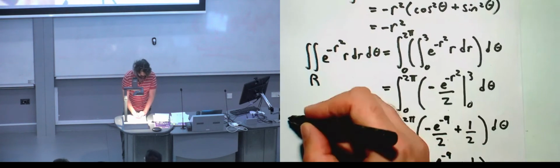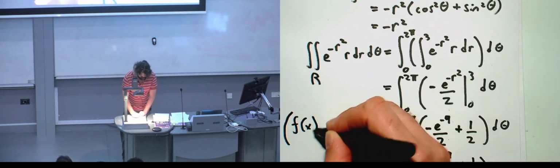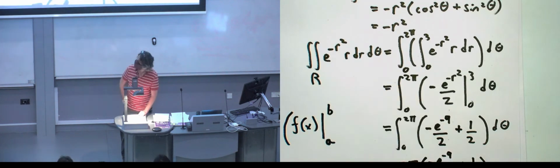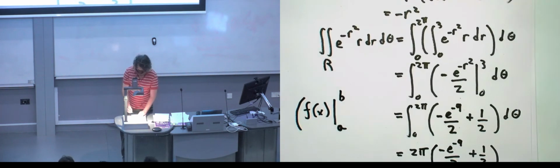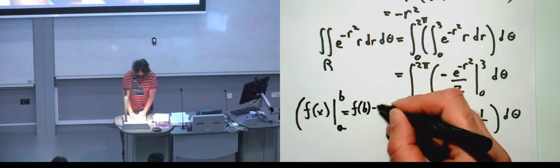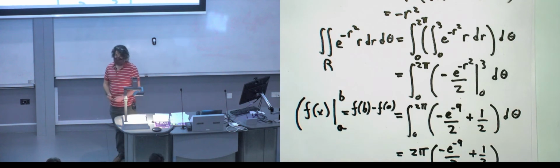I guess the general definition is this: we have a function, and we have A and B here. And it's just defined to be f at B minus f at A. It's just the notation that I use for that.